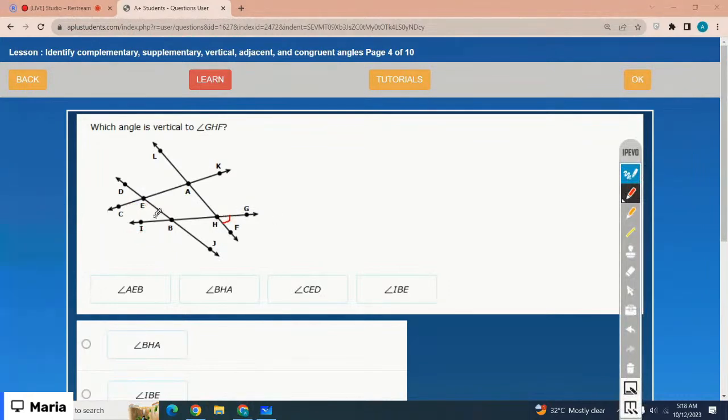So the vertical angle is BHA, right? Because they are the angles on the same lines but in the opposite direction. So angle GHF and BHA are the vertical angles. So option number 1 is the correct option. BHA is the vertical angle. Got it?